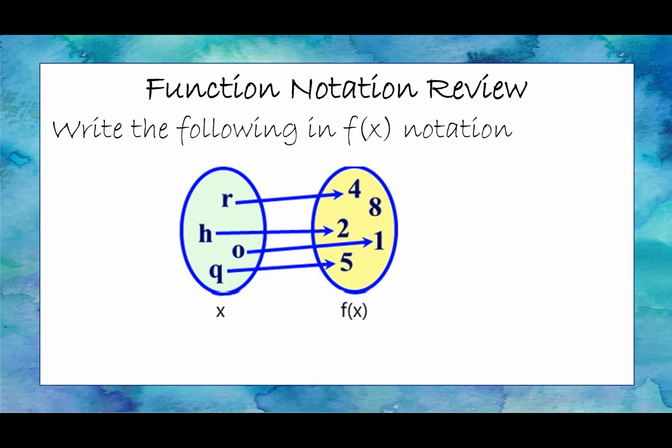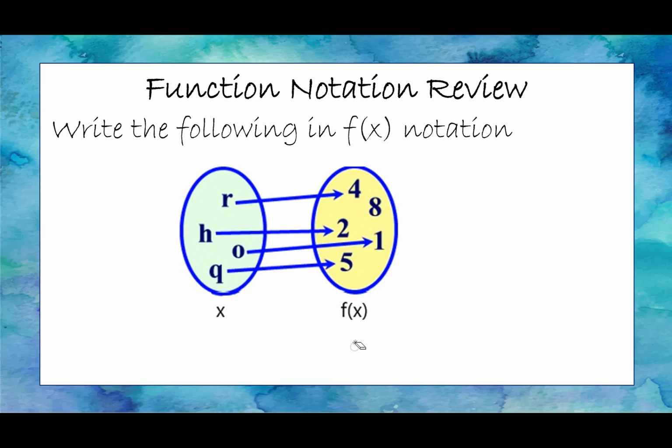All right, now I want to talk about writing something in function notation. So this right here represents my x values, and this represents my y values. And remember, we can talk about y as f of x.